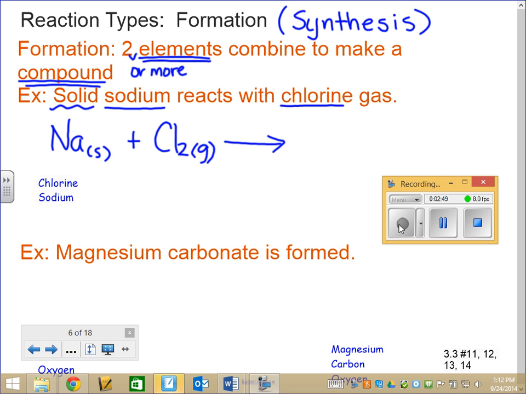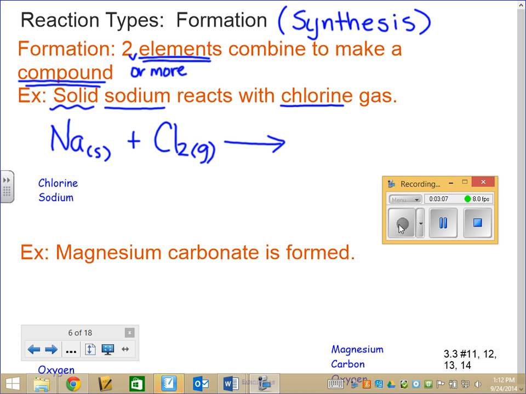Now look at something that's new. I didn't tell you what the product is going to be. And so one of the things that we're going to practice is predicting what will happen by knowing what type of reaction is occurring.